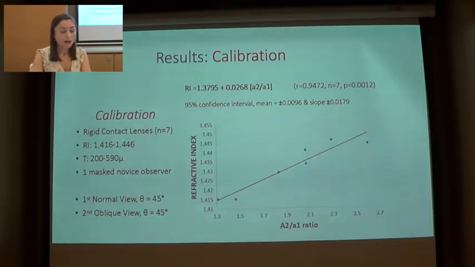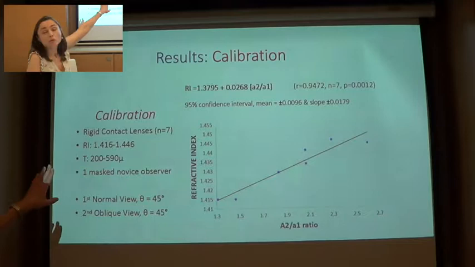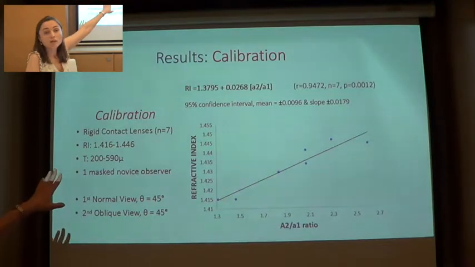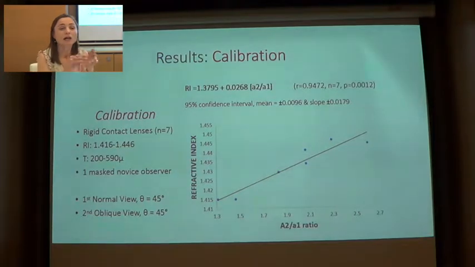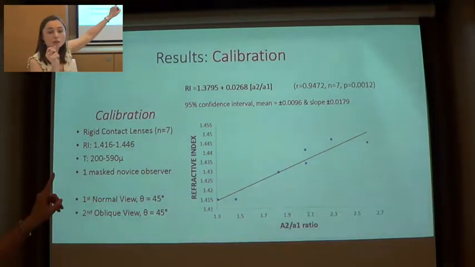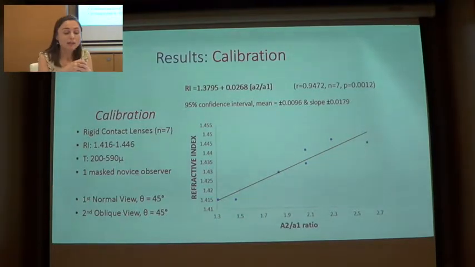So after a couple of adoptions to the pachymetry, the device was calibrated and a formula was derived. This formula is shown above, and you can see the relationship between the ratio of 2 optical sections of the cornea, A2 to A1, and the refractive index of the cornea.